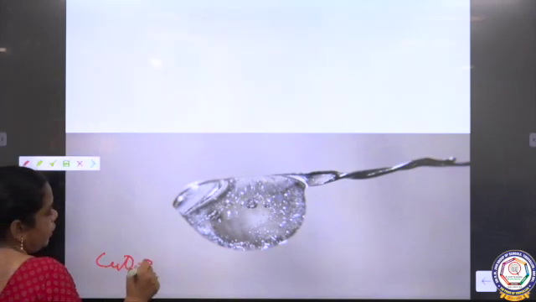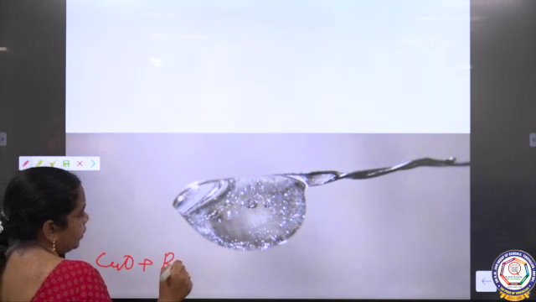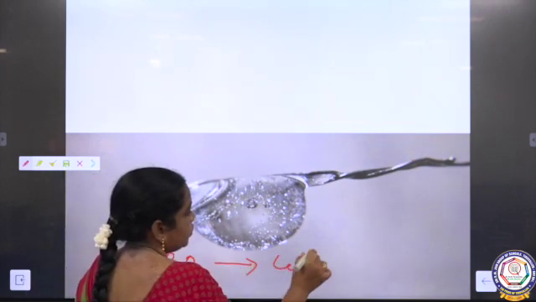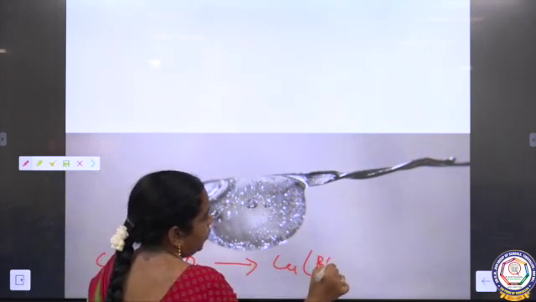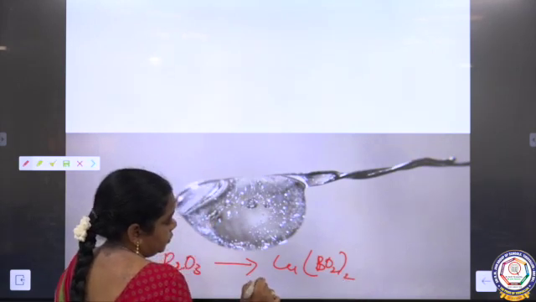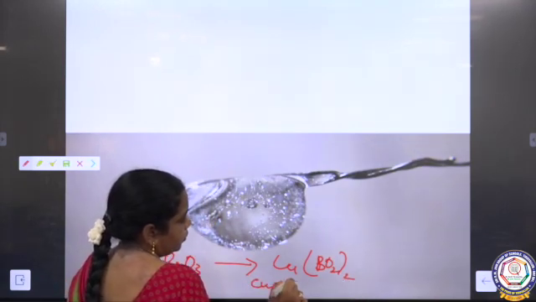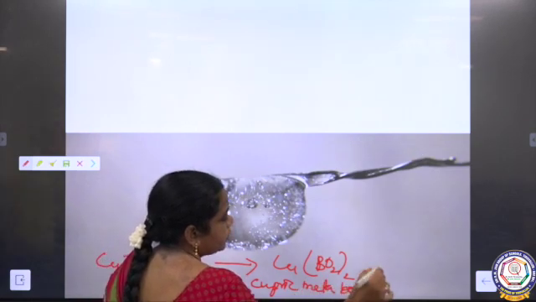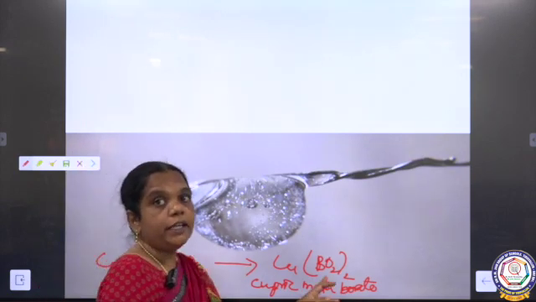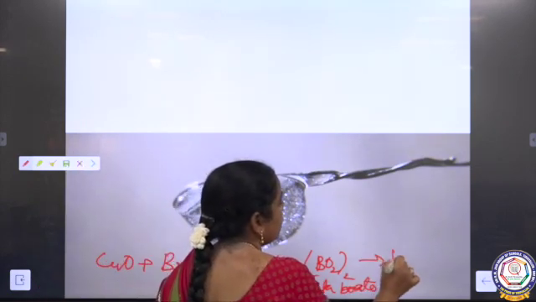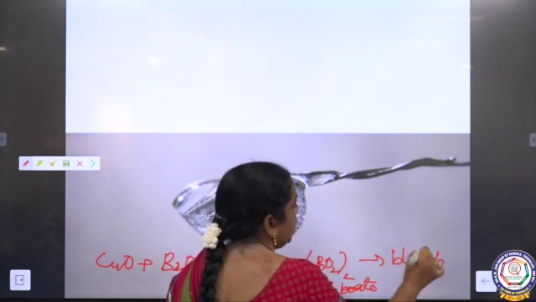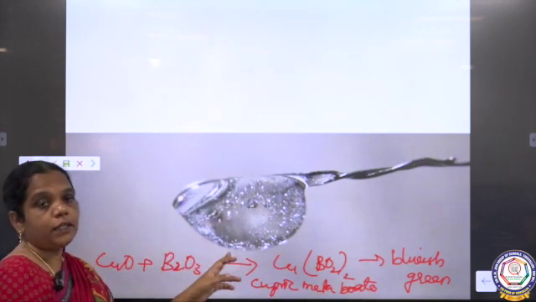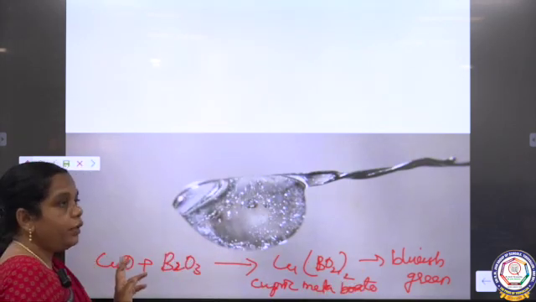The copper oxide reacts with the boric oxide to form copper metaborate, or cupric metaborate. It gives a bluish green color. By the color we can identify that the substance contains the metal ion copper.